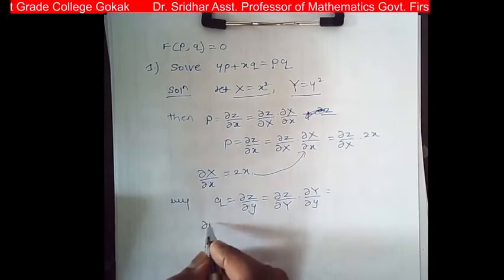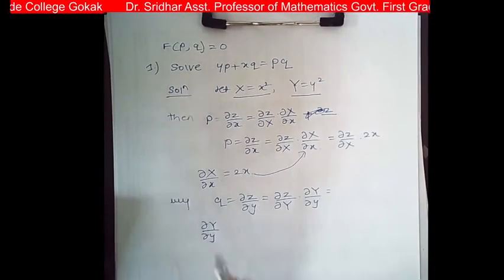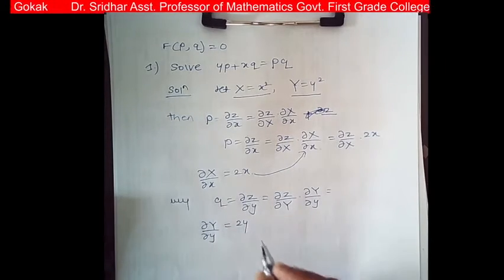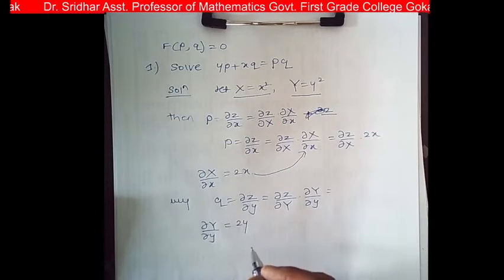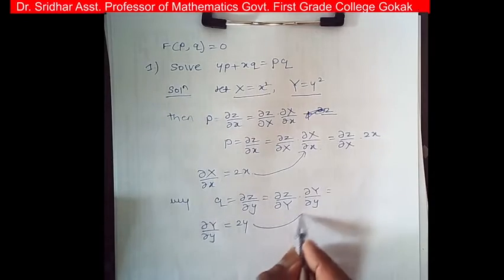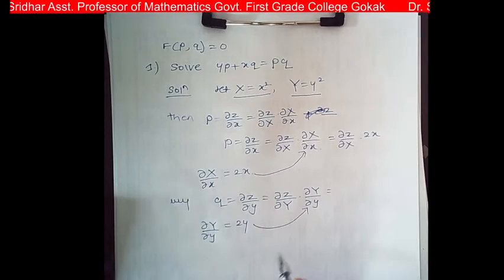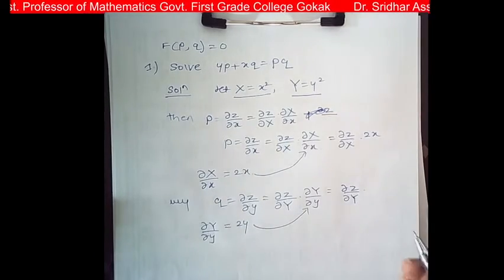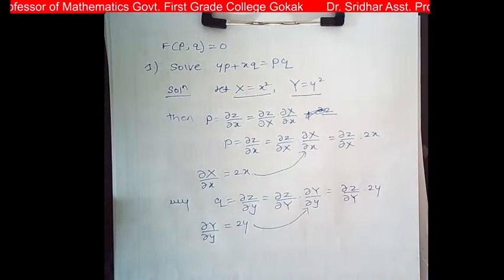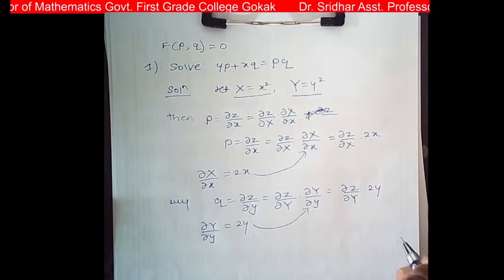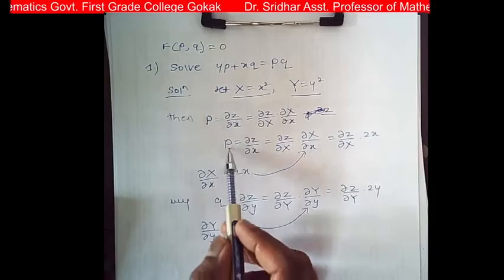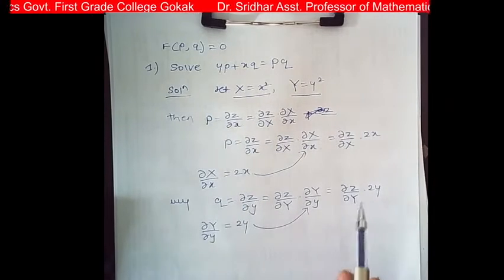Then we get dou capital Y by dou small y, which is equal to 2y. So we substitute this here, which gives dou z by dou capital Y into 2y. Okay, now we got the p value and we got the q value.